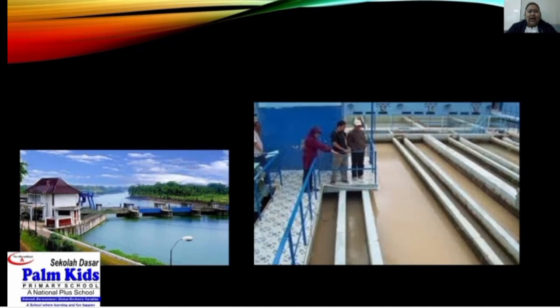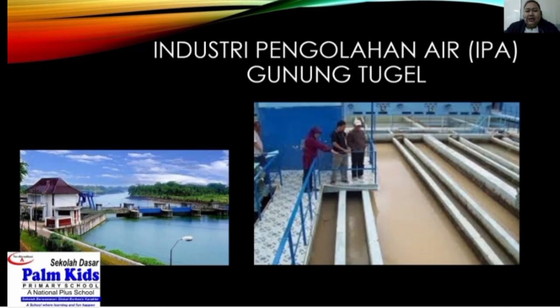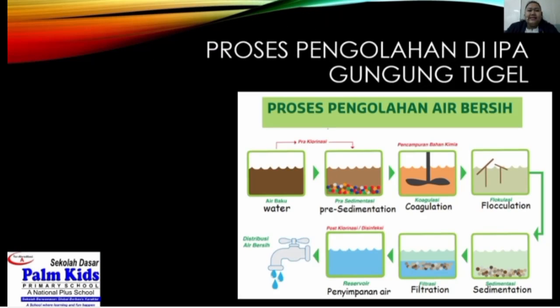companies. Okay, this is the process of water treatment. We call it Industri Pengolahan Air or IPA at Gunung Tugel. The source of water is from Serayu River. Okay, this is how the process of water treatment works.